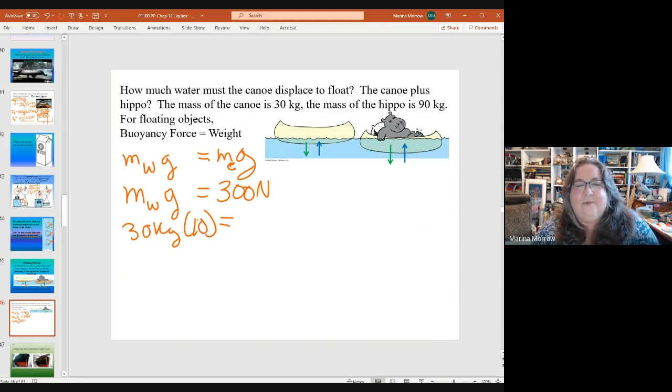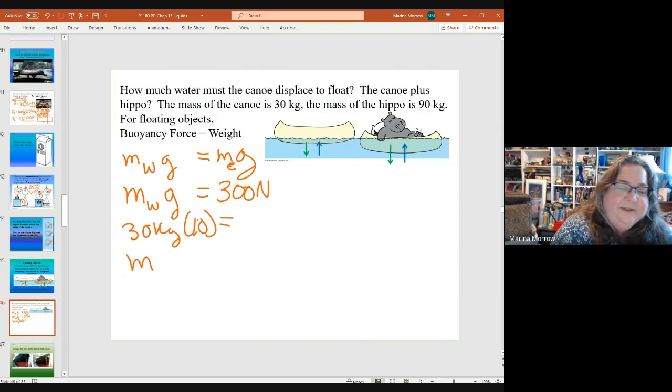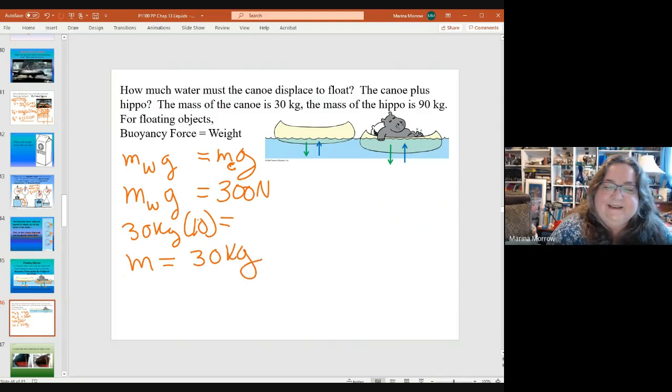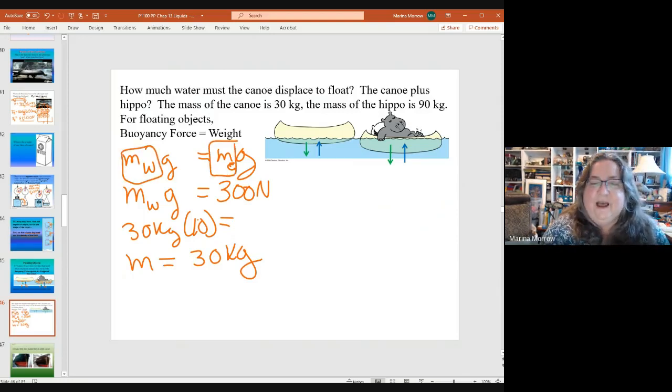Okay, so that's our mass of water. If we want to find out the volume of the water, well, since mass is equal to density times volume, we can figure out how much volume of water we need also, right? But when we add the hippo, now what's going to happen? We've figured out that the mass of water must be equal to the mass of the canoe or the object.